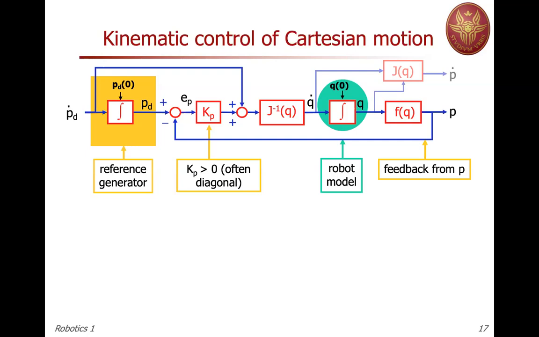But in any case, we have to worry about singularities, because if we are getting close to a singularity, this will generate a huge command Q dot, even if the error is small or the commanded velocity P dot desired is small. And in that case, we have to implement some real-time correction.